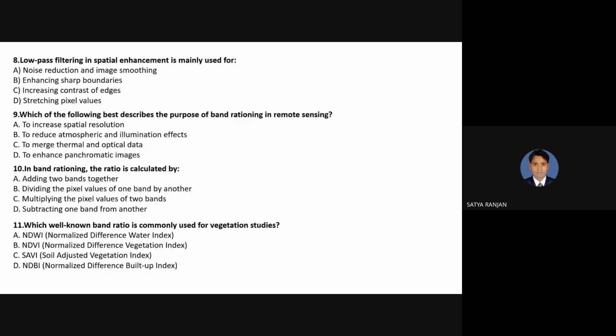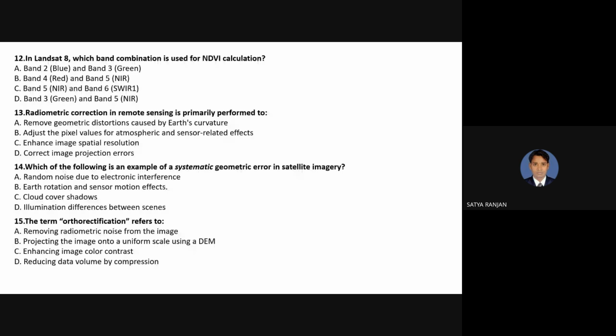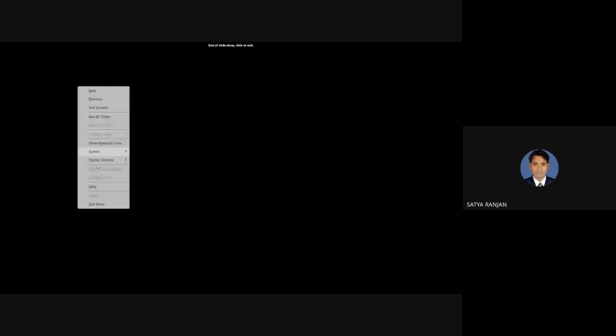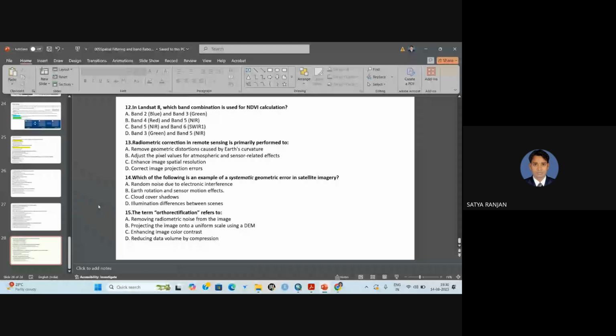For the soil related index, that is SAVI, and for the built-up index, that is NDBI. Besides these, a lot of different indexes are there. You have to complete this session by completing all this and the question answers. If any doubt is there, then you can ask.